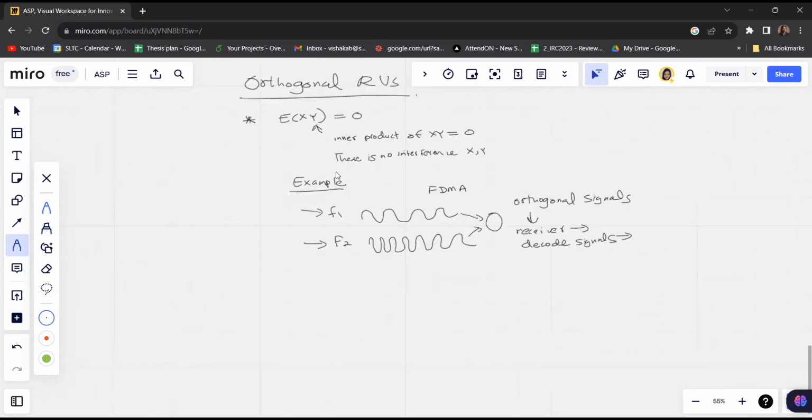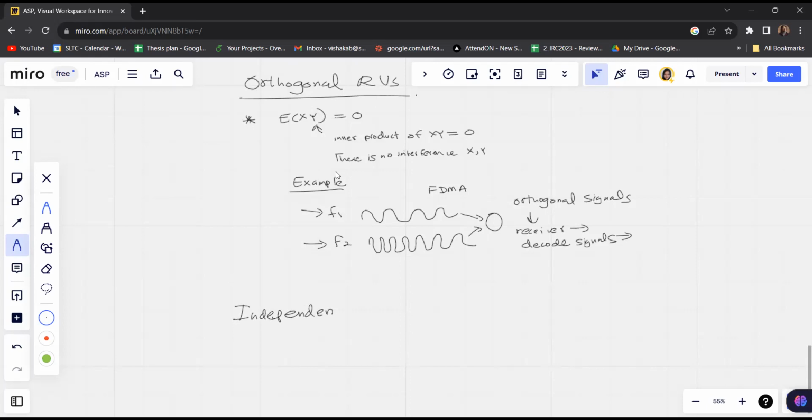Then I will discuss another feature of multiple random variables, which is the case where the independence of the random variables is considered.